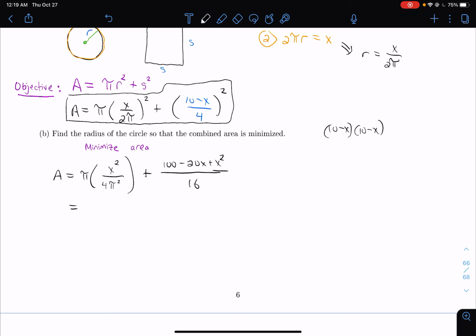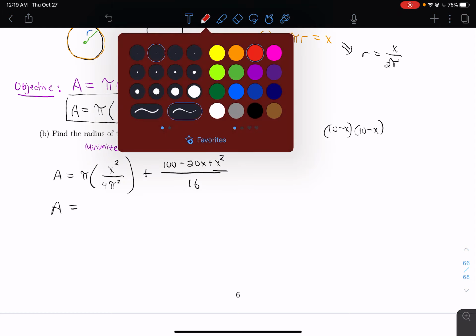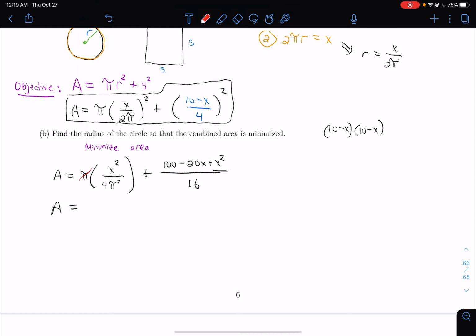I got area equals, and I notice in the first term I can cancel a little bit. I can cancel this pi with one of the pi's on the bottom, and that'll leave me with pi here. So overall, the first term becomes 1 over 4 pi, and that is the coefficient of x squared.